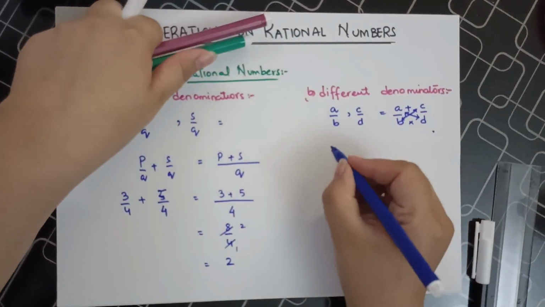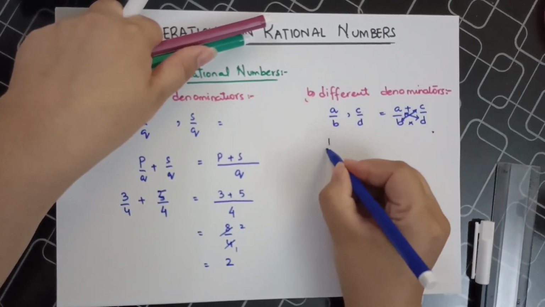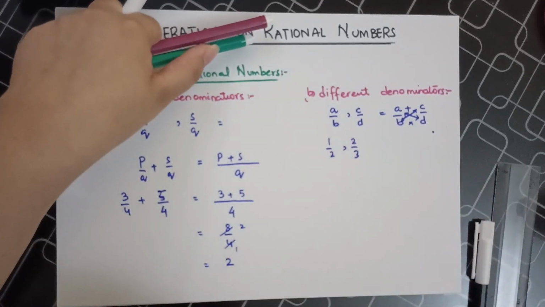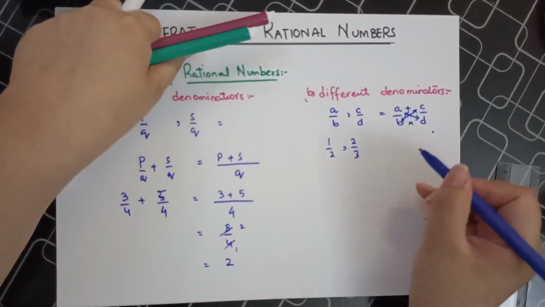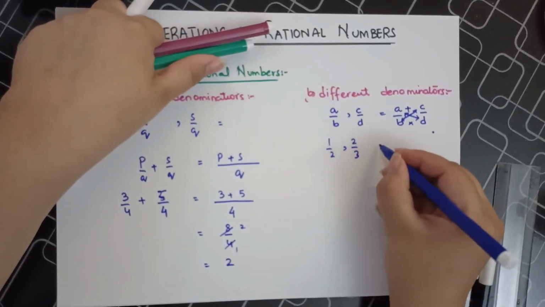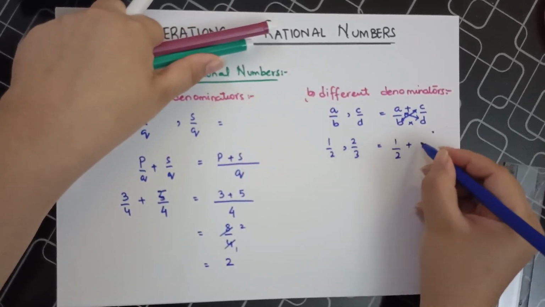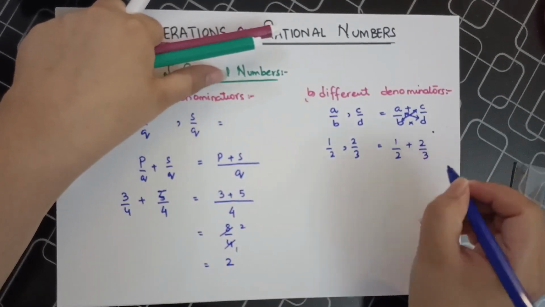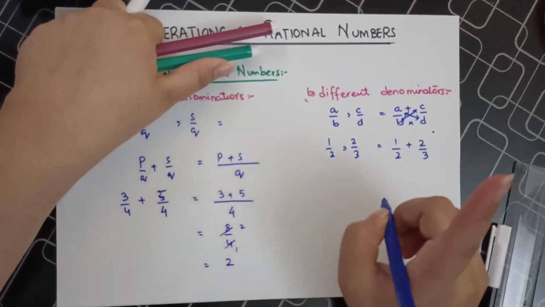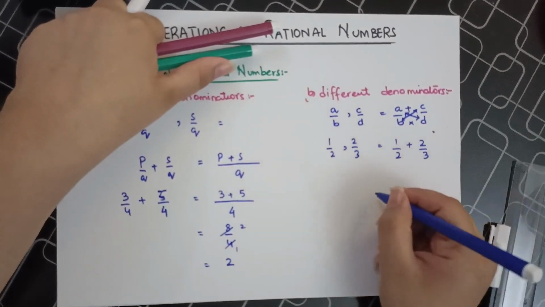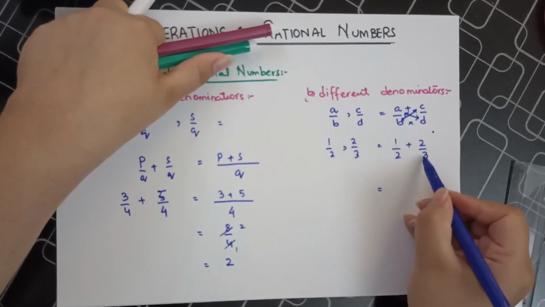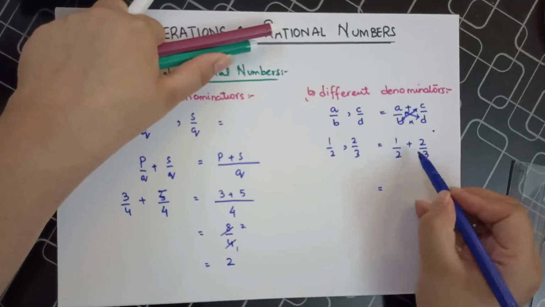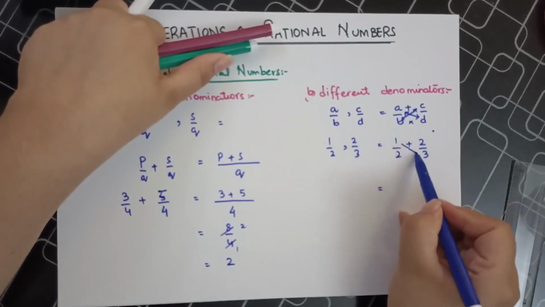So let's suppose we have two numbers, 1 upon 2 and 2 upon 3. How are we going to add them together? Since they have different denominators, I'm going to discuss the simple multiplication rule. We multiply the denominator of the second number with the numerator of the first number, like this.